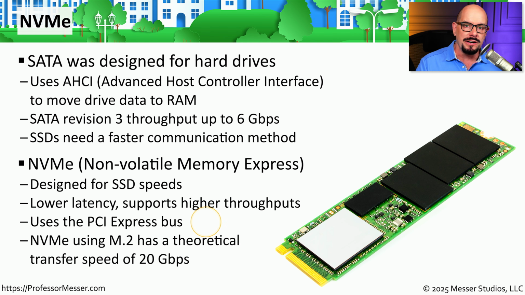A very common interface into this PCI Express bus on a laptop or desktop computer is made through a new interface referred to as the M.2 interface. And if you are using NVMe on this M.2 interface, you now have a theoretical transfer speed of approximately 20 gigabits per second, which is obviously much better than the 6 gigabits that we had from the SATA connection.